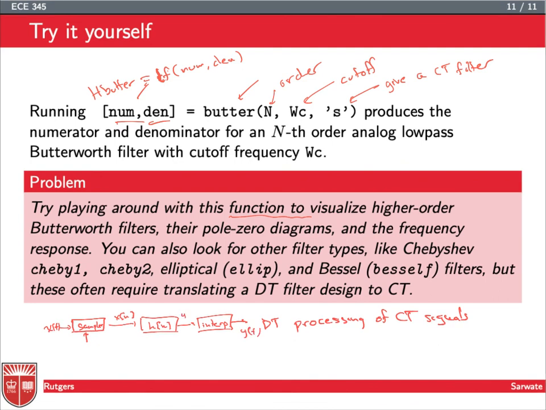So this is y of n. This is the picture of what happens in this DT processing of CT signals, where you first convert a CT signal to DT using the sampler, do the filtering in DT, and then reconstruct the original CT signal and spit it back out.